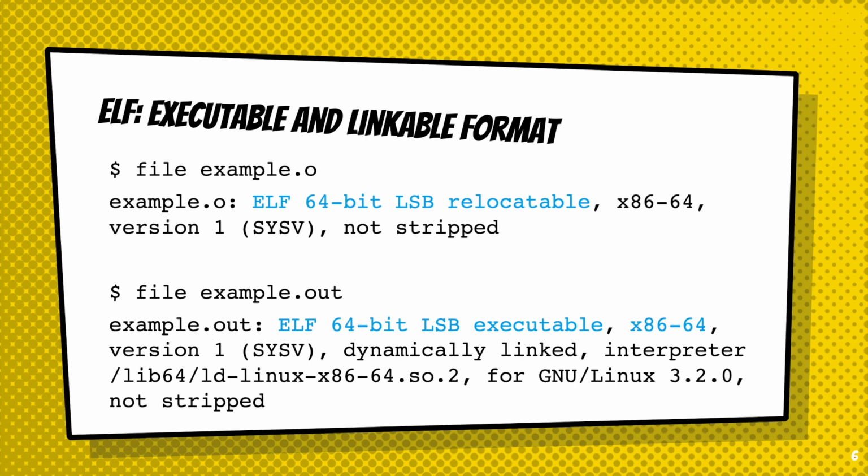And the second file is an actual executable, which is the file that can be executed by the Linux operating system. Both files, though, are in the format of ELF. And this is exactly what is meant by ELF, executable and linkable format. This is a specific format that can be used for linking and executing.